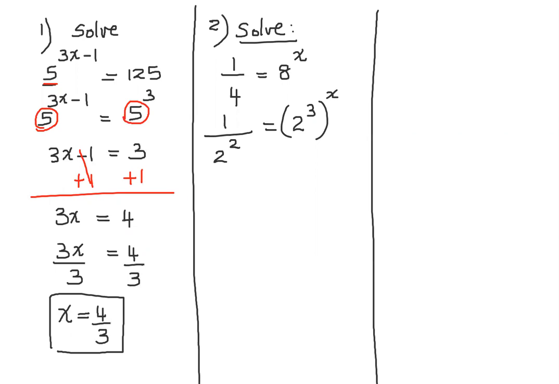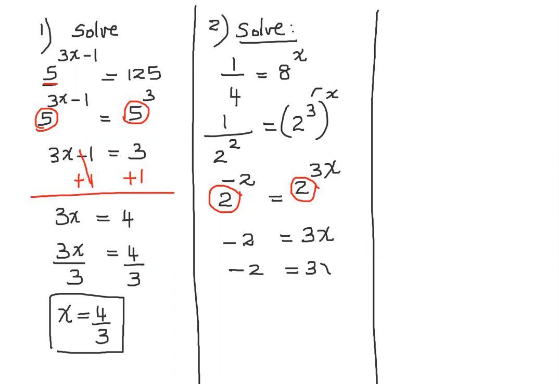Now 1/2 squared is 2 to the power negative 2. And when you have a power raised to a power, you multiply them. So we get 2 to the power 3x. Now we have the same base, which means the powers are going to be equal. So we get negative 2 equals 3x. We get x by itself by dividing both sides by 3, so x equals negative 2/3.